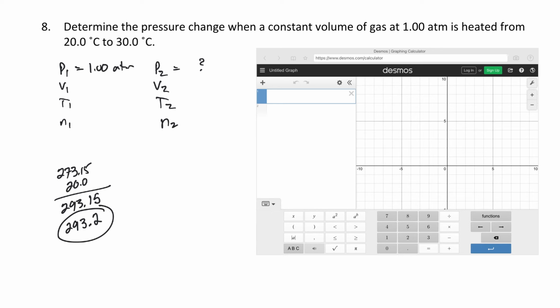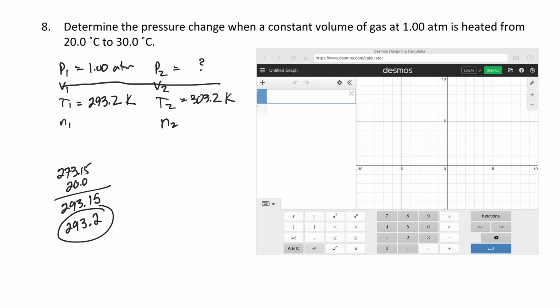The rounding there for the temperatures doesn't make a huge impact in the final answer, but if we wanted to do it according to the rules, that's what it would be, Kelvin. Okay, and then I go to 30, so it's got to be 10 more than that, so it'd be 303.2 Kelvin.